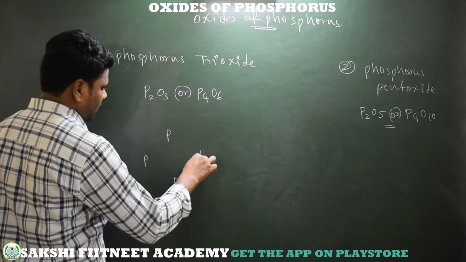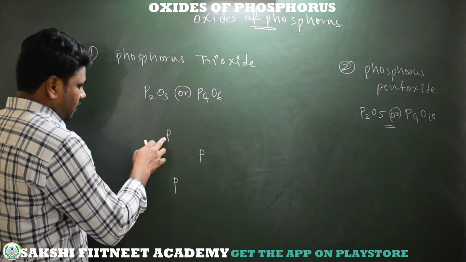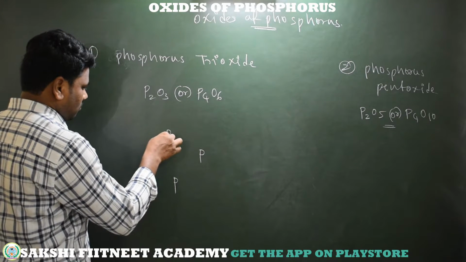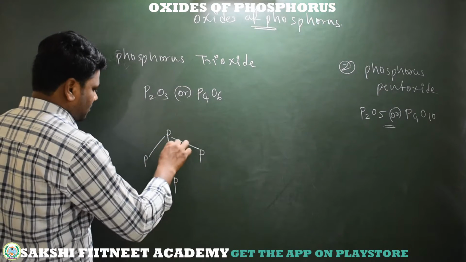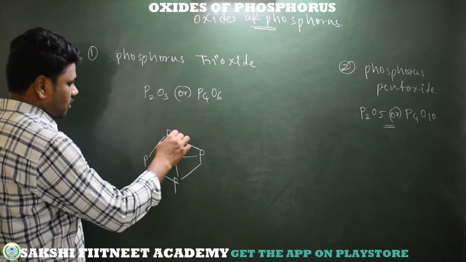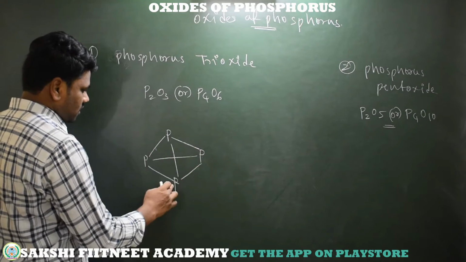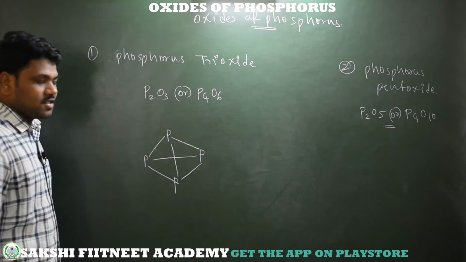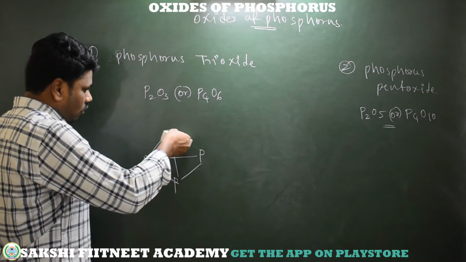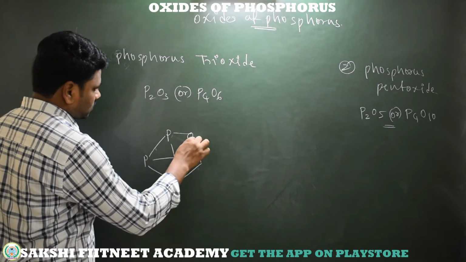Coming to the structure of phosphorus trioxide, we know white phosphorus. What is the structure of white phosphorus? It's tetrahedral, and each phosphorus is bonded to three other phosphorus atoms. You just break this phosphorus to phosphorus bond and make a bridge bond through oxygen.